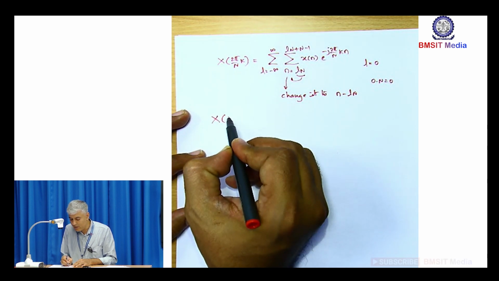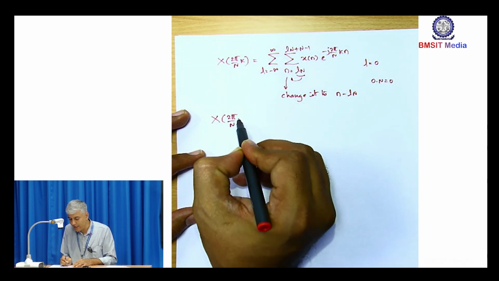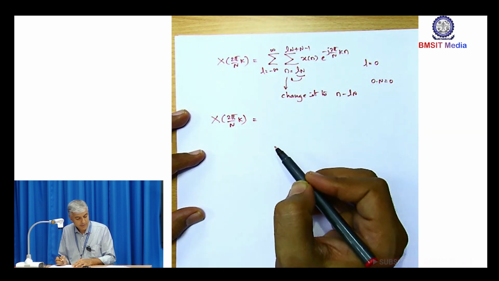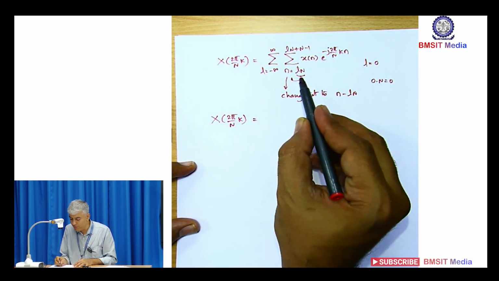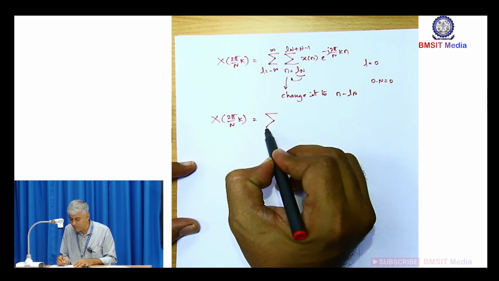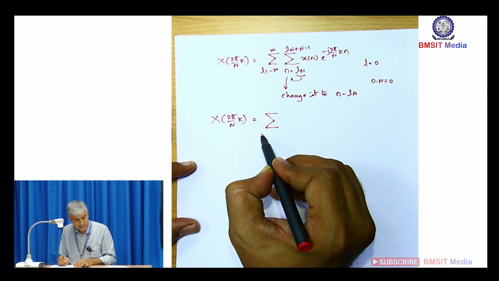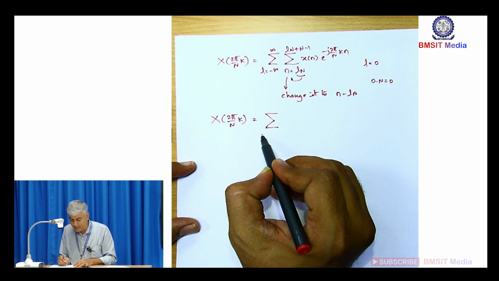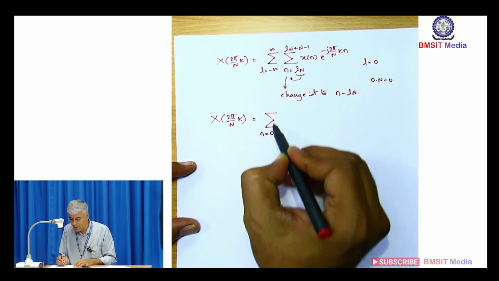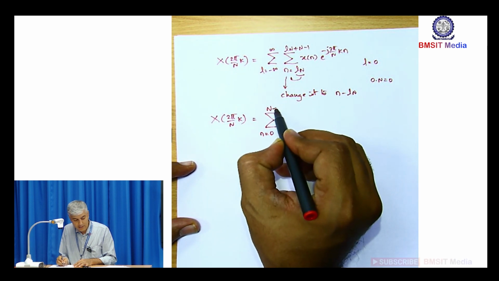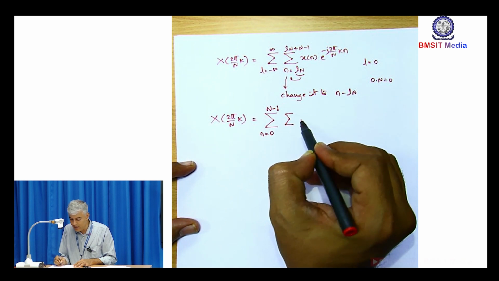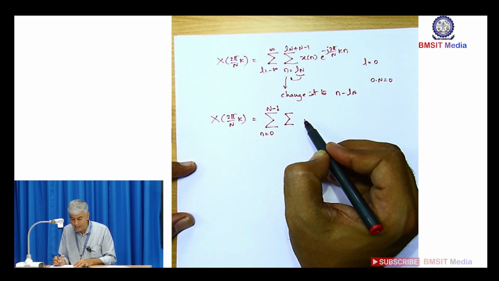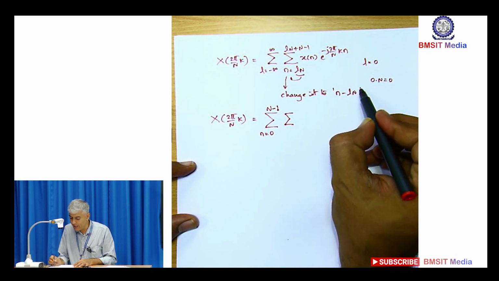That is, X of 2 pi by N k is equal to, and also we are going to change this order of summation. So if you bring it on the other side, this will become n minus lN. So I can write it as n equal to 0 to N minus 1, and wherever we had n, you can replace it by n minus lN.